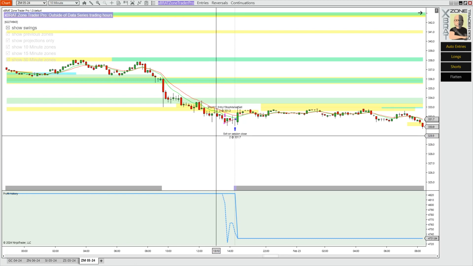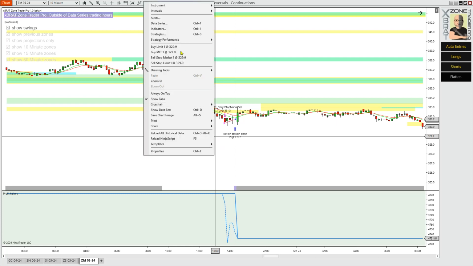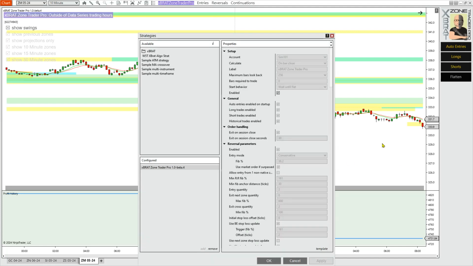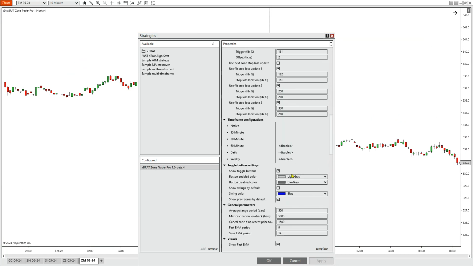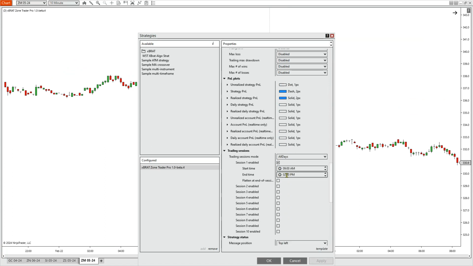$13.30. So we really don't want to trade anything after 1 o'clock, I don't think. So I'm just going to change the timing slightly to see if we can get rid of some of those little losers. So let's go 1:30 first.